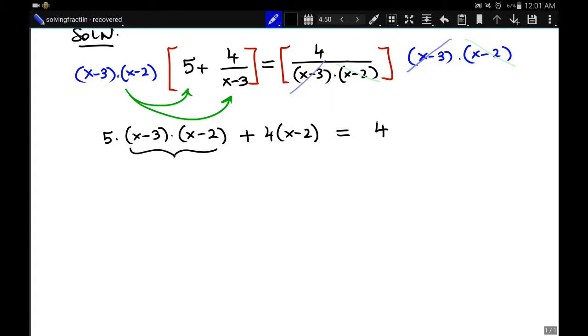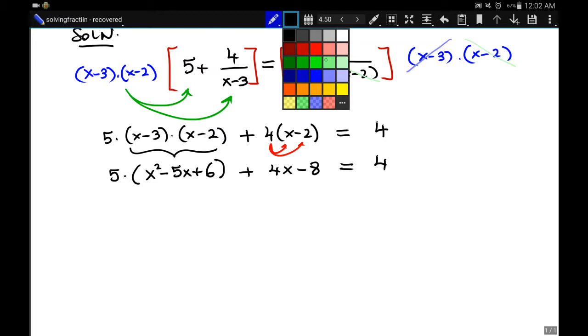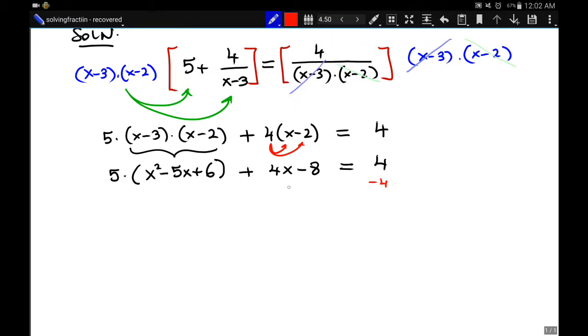Let me rewrite this here. This portion is x squared minus 5x plus 6, and you have 5 multiplied here, plus if you distribute that, you get 4x minus 8, and equals 4. Subtract 4 from both sides, and then distribute this 5 as well.